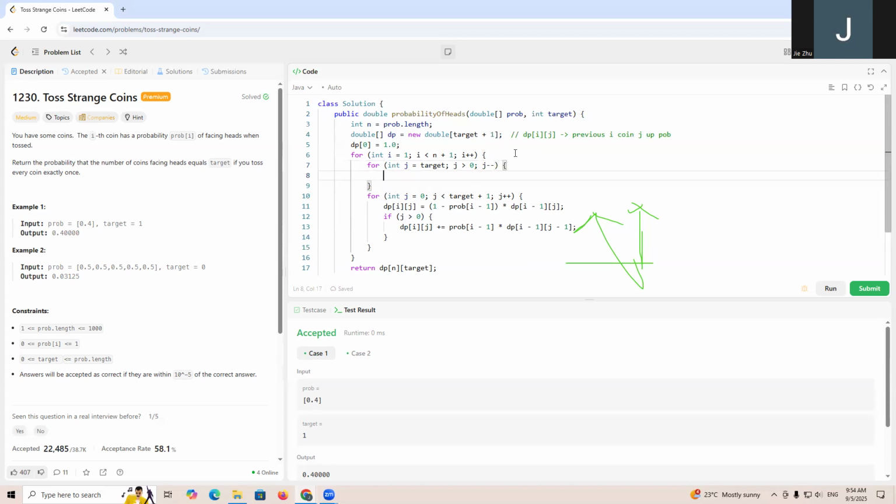We have dp[j] equals 1 minus prob[i minus 1] multiplied by dp[j] plus prob[i minus 1] multiplied by dp[j minus 1], right?